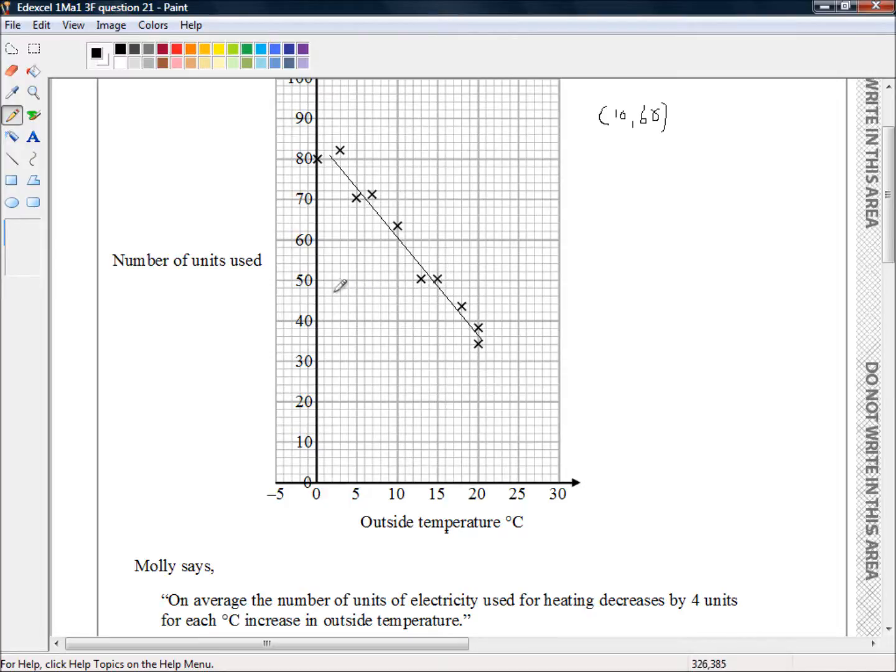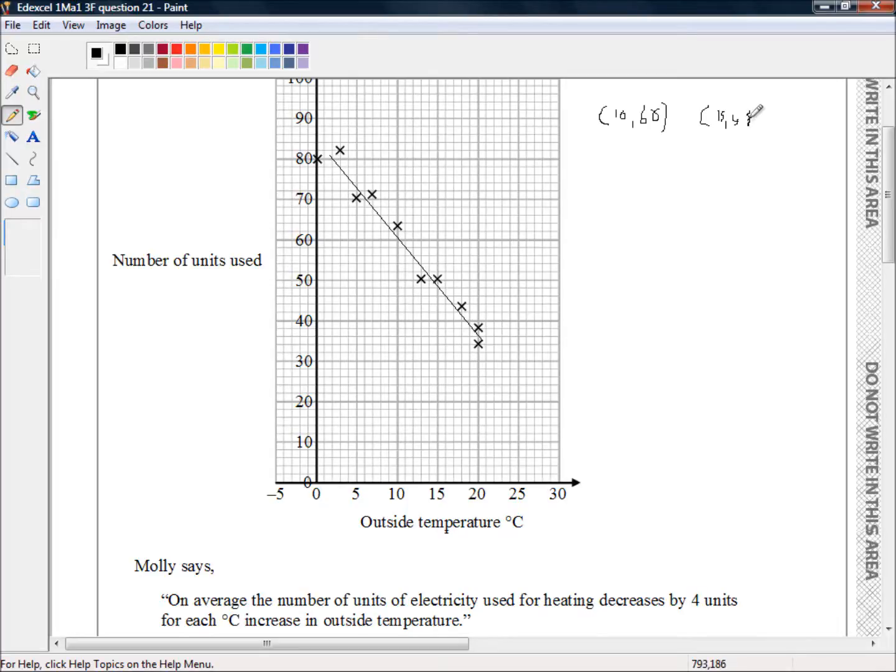I think it's just one square below the 50. Now, between 40 and 50 there are 5 little squares, so each little square is worth 2 units of electricity. So one little square down from the 50 is 48. So our other point is 15, 48.